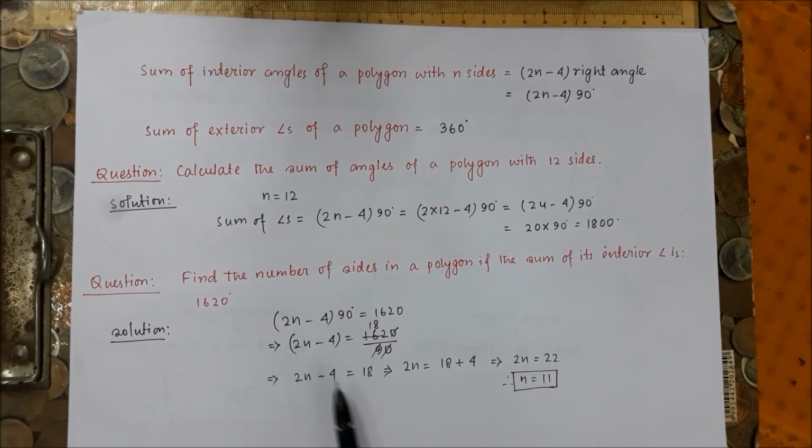First we take this 90 degrees to the other side. 0 and 0 cancel, 9 ones are 9, 9 twos are 18, 9 eights are 72. So 2n minus 4 equals 18. It is 2n equals 18 plus 4. So we will get 2n equals 22. Therefore n equals 11.